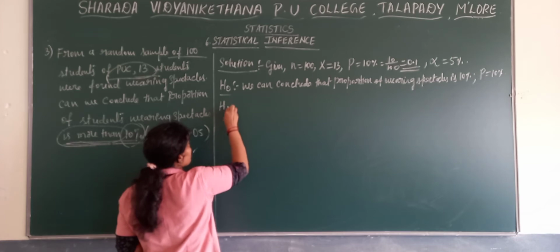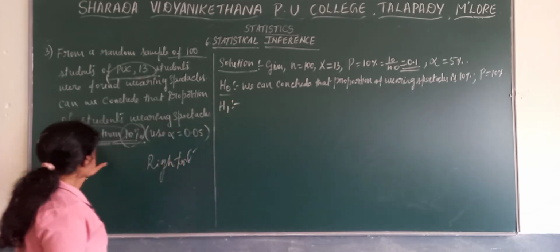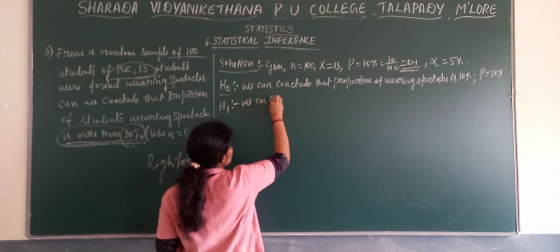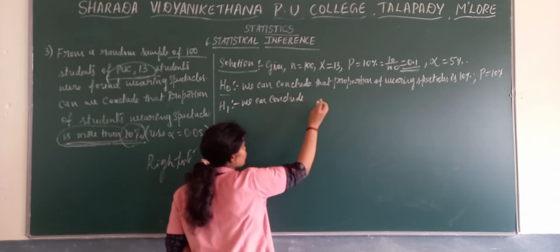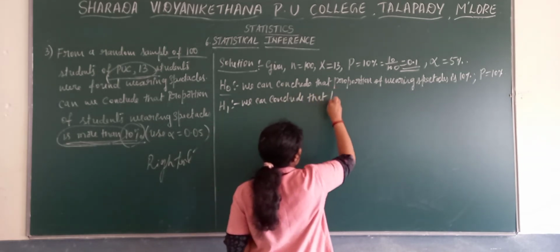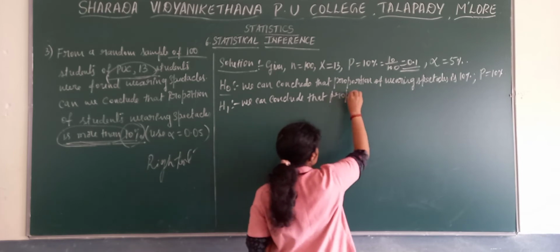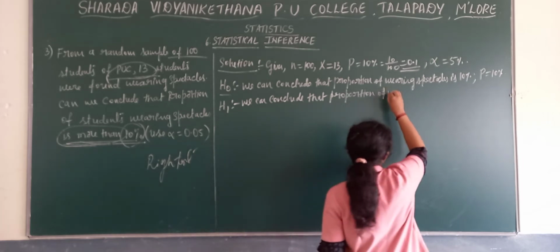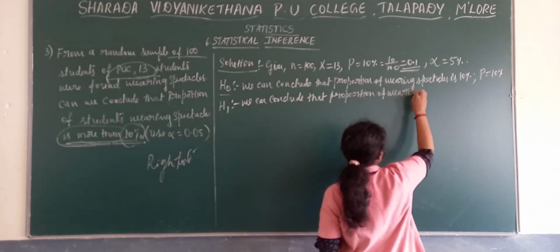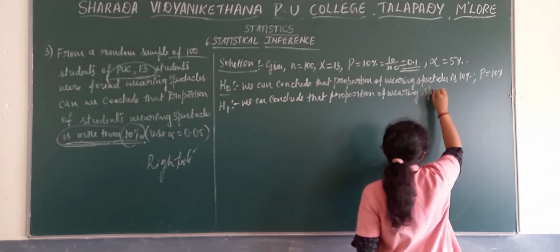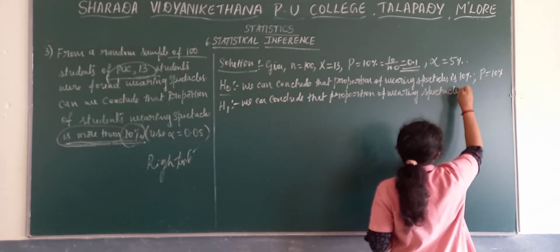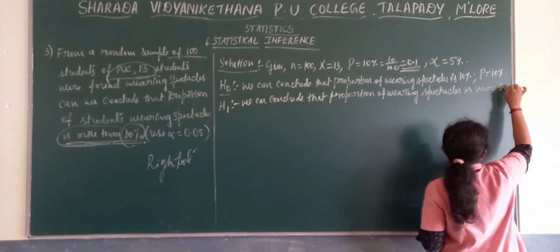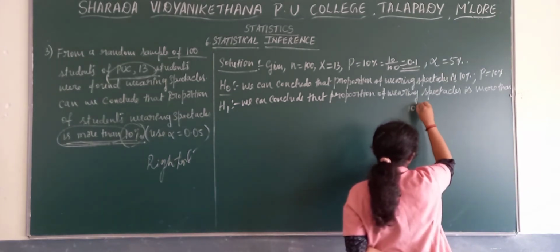Now, the alternative hypothesis. We know that it is more than, so we need to take: we can conclude that the proportion of wearing spectacles is more than 10%.